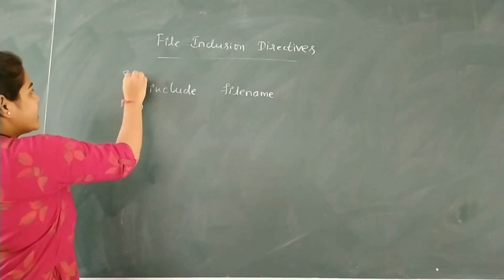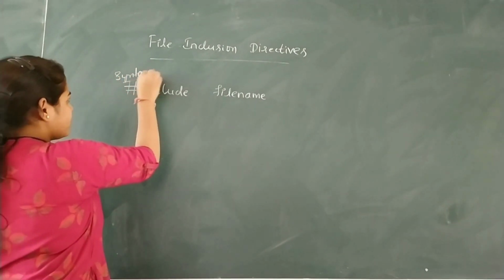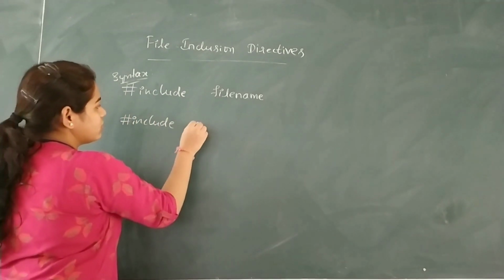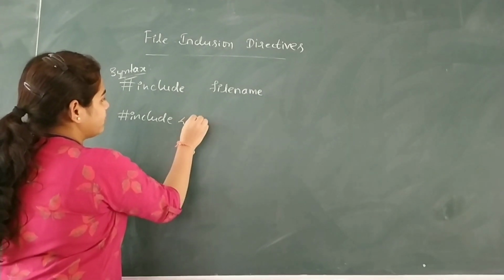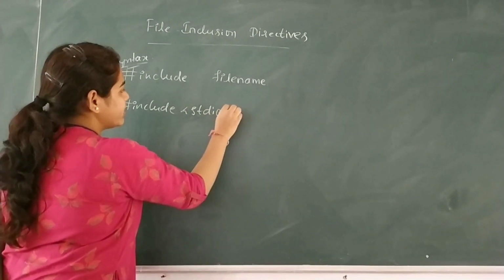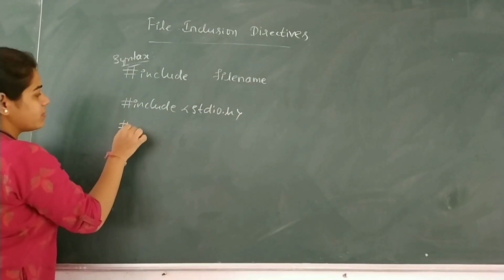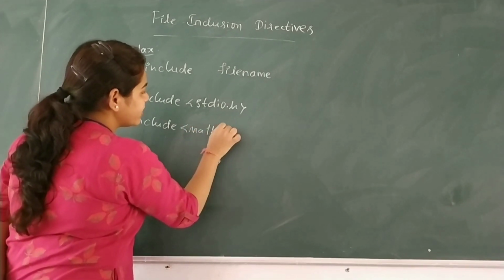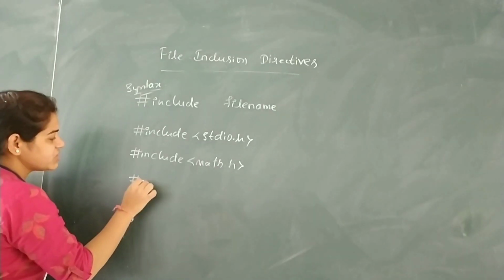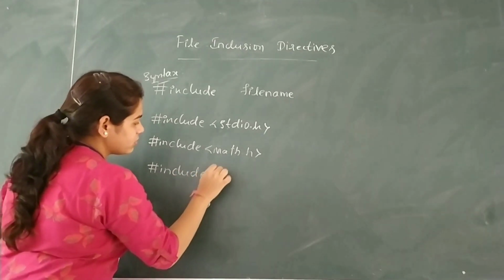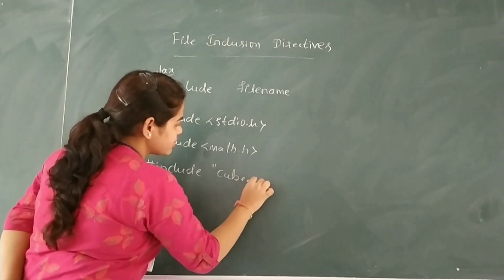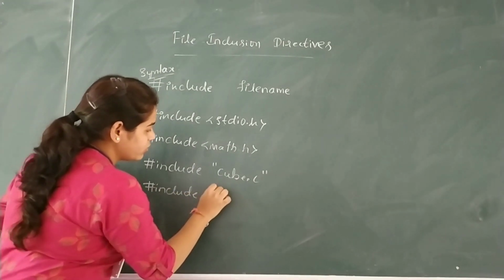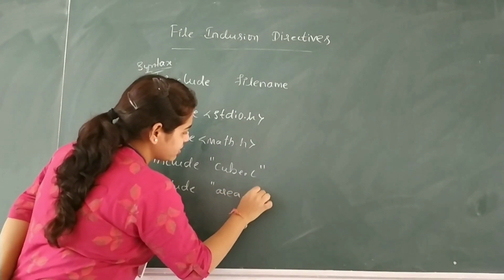So some of the examples we can see here: hash include stdio.h, hash include mac.h, hash include cube.c, hash include area.c.